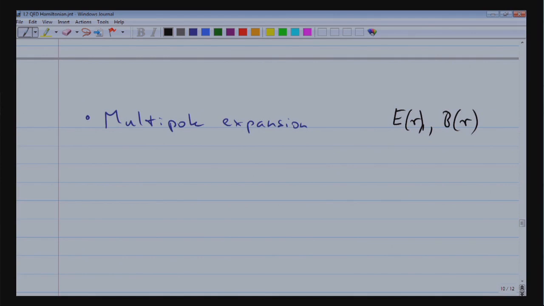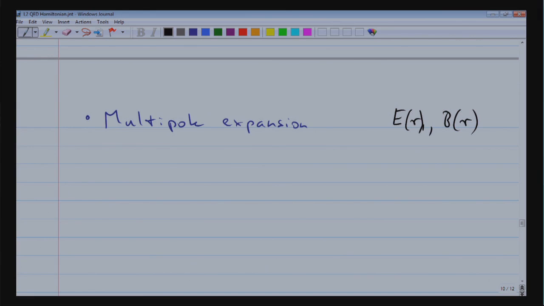In other words, the relevant frequencies, the relevant components of the electric and magnetic fields, will, of course, be the components which are in resonance with the atoms and molecules. And in many, many situations, the wavelengths of the relevant modes of the electromagnetic field are much, much longer than the size of an atom.